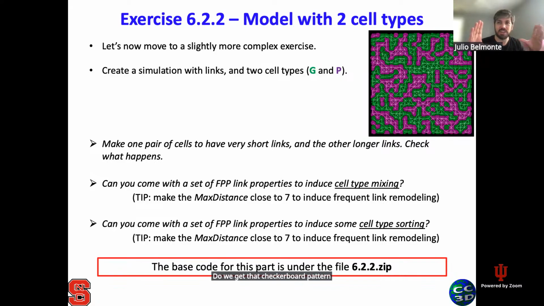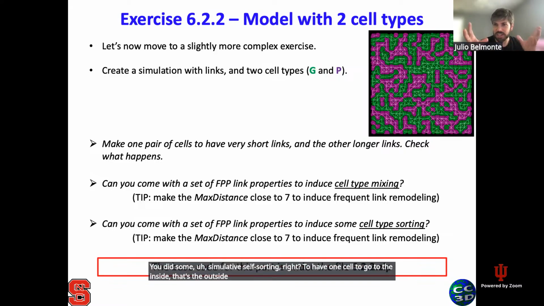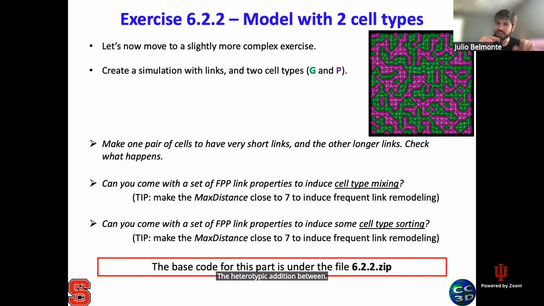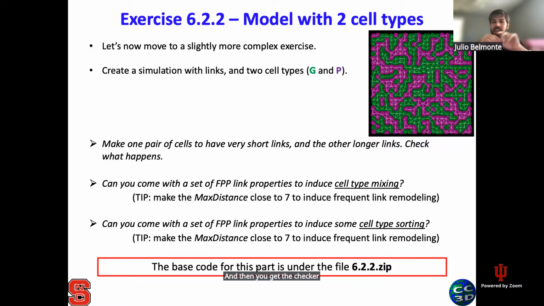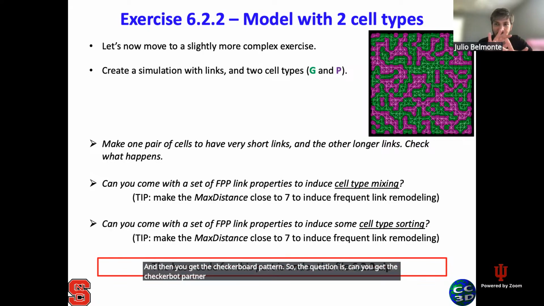I believe that at the beginning of the course last week, you did some simulation with cell sorting, right? To have one cell go to the inside, the other to the outside. And you also did a simulation with cell mixing, or the checkerboard pattern, when you make heterotypic adhesion between cells of different types more favorable than homotypic adhesion, and then you get the checkerboard pattern. So the question is, can you get the checkerboard pattern by playing with only links?